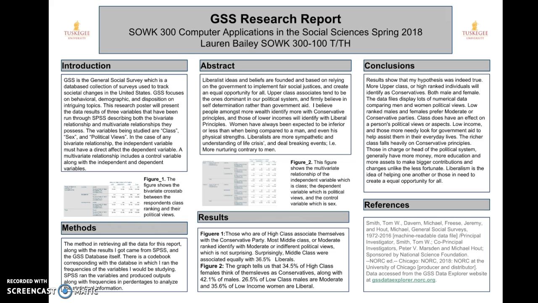Now, figure 2 tells us that 34.5% of high-class females think of themselves as conservatives, and 42.1% of males. 26.5% of low-class males are moderate in their political views, and 35.6% of low-income women consider themselves to be liberal. Now, we can see that my hypothesis was indeed correct.